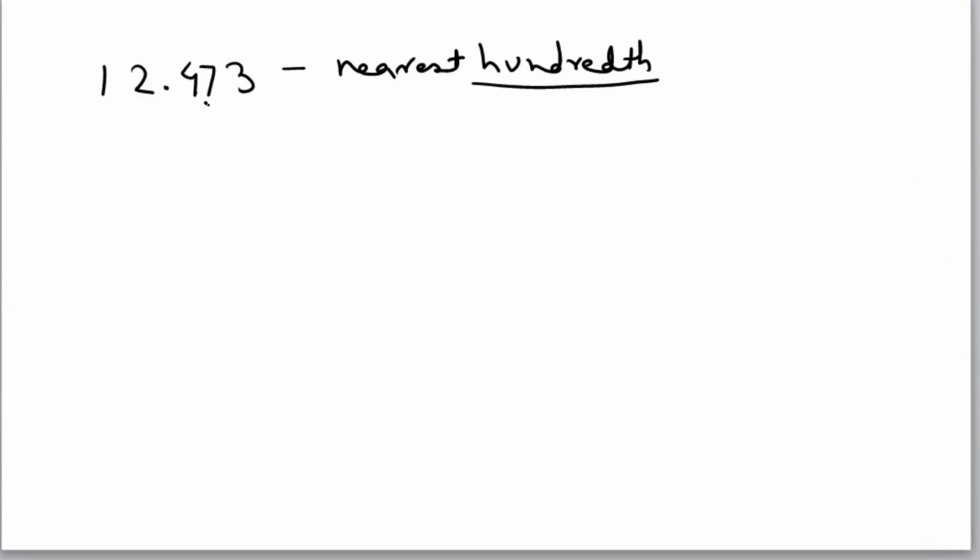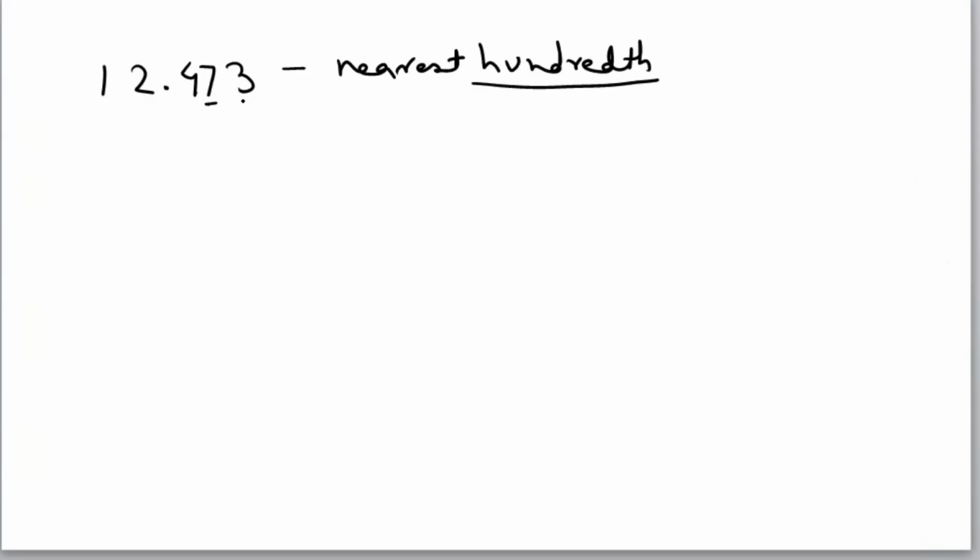So 7 is in the hundredth place. So we have to round the 7. Then we have to look at the right side of the hundredth place, which is the thousandth place. So at the hundredth place it is 7, and at the thousandth place it is 3.